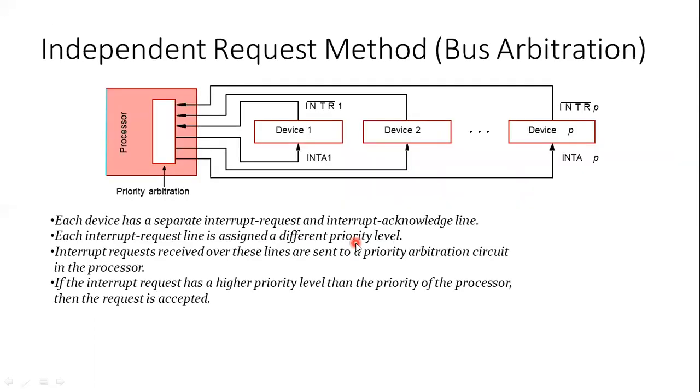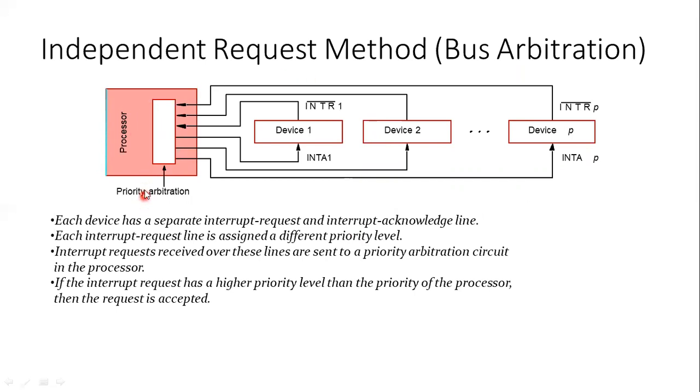As far as the next is concerned, it is the independent request method. Means every device has a separate interrupt request and a separate interrupt acknowledgement. You can see over here.